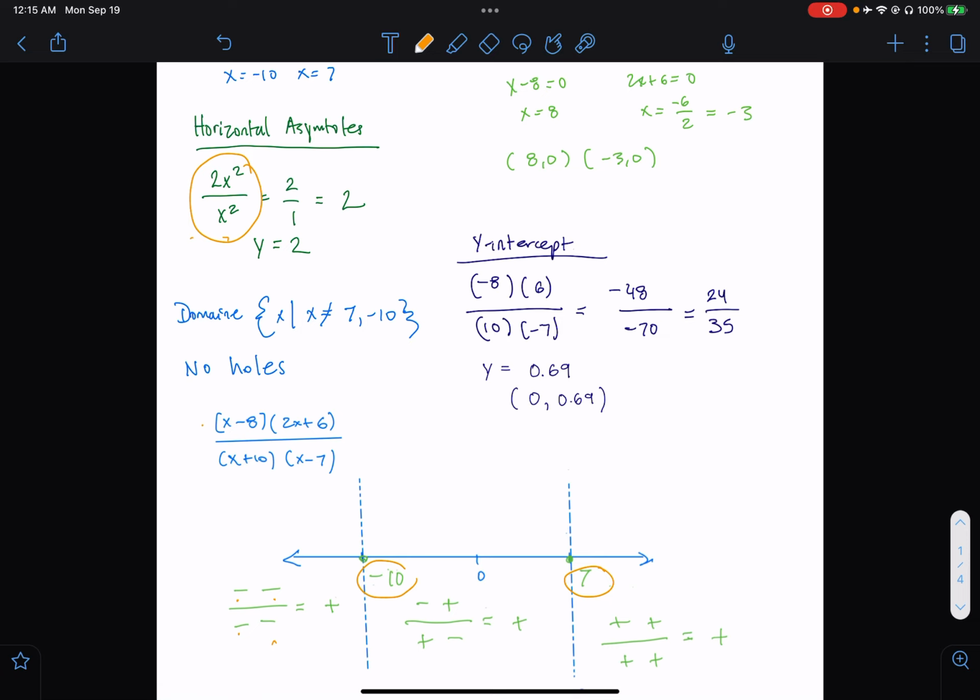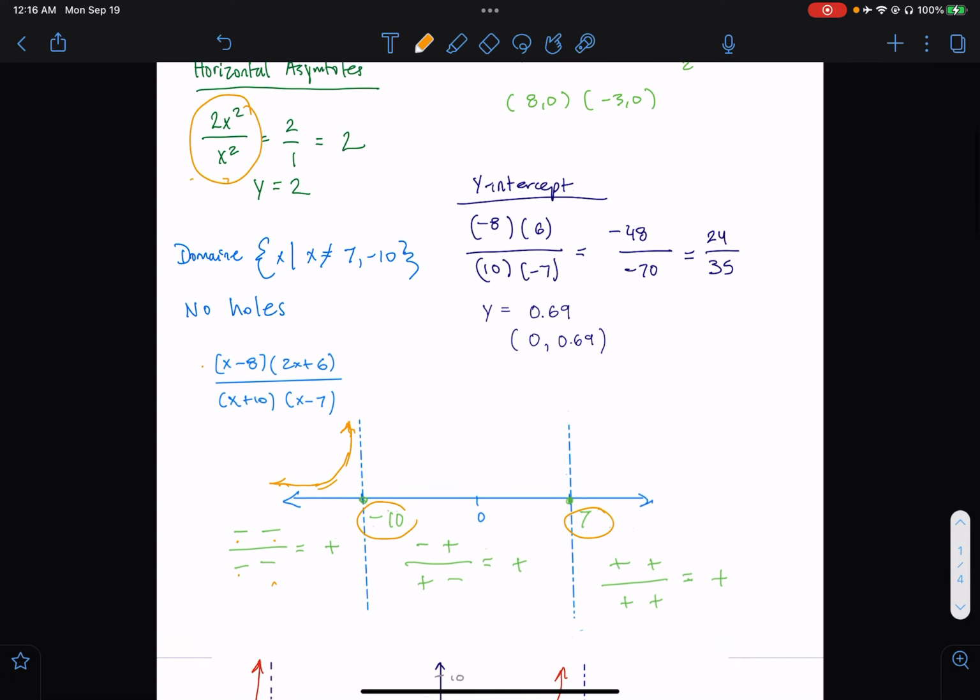So with that information, I know that when I graph this rational function, the function will behave like this. As it gets closer to -10, the y value will increase, but this part of the graph will never actually touch -10 because it's an asymptote.